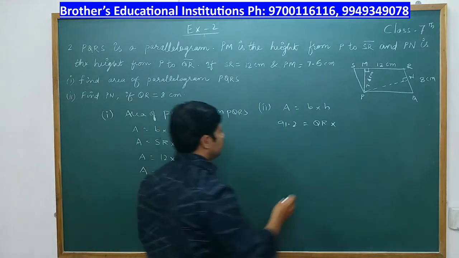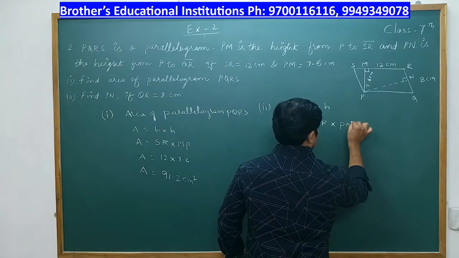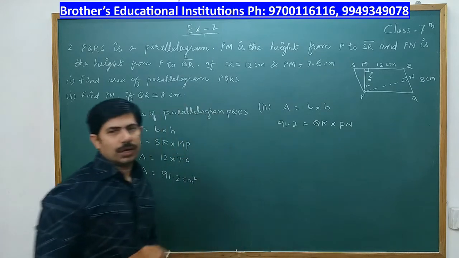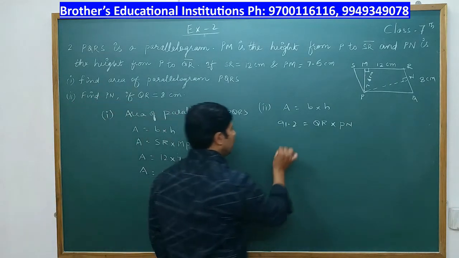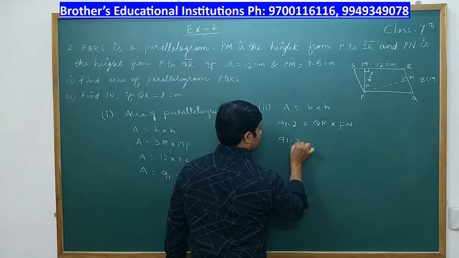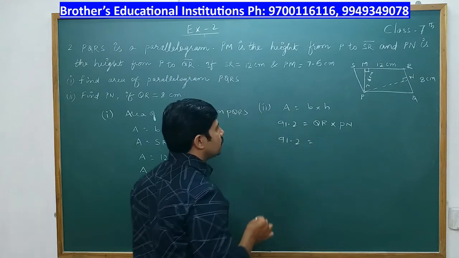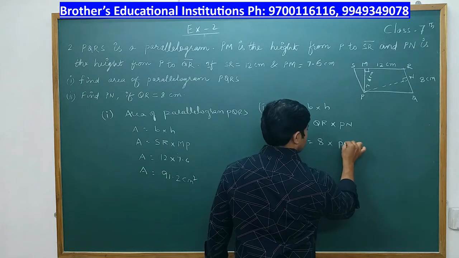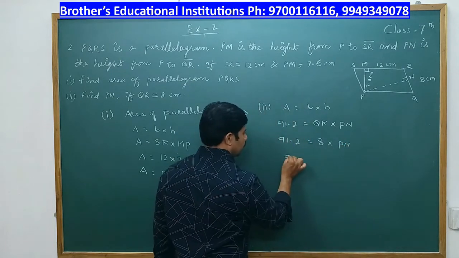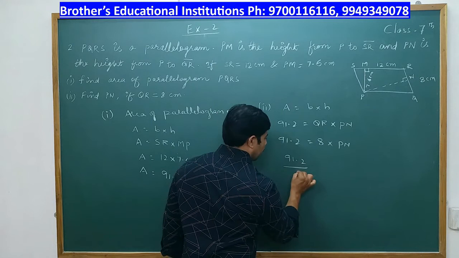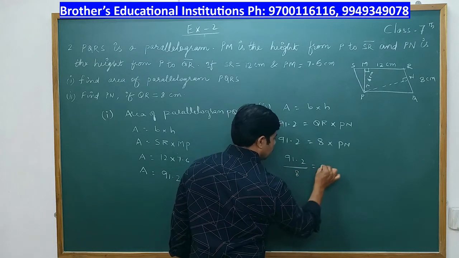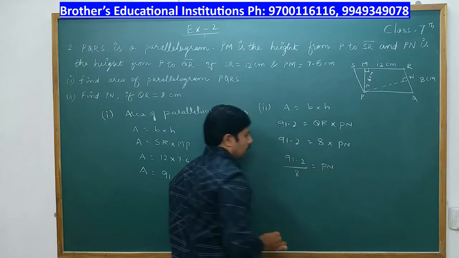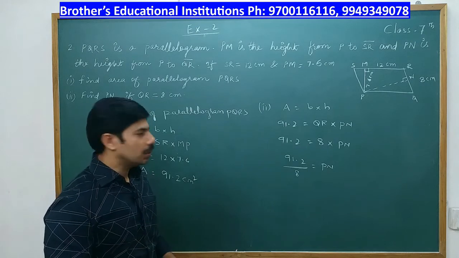Now I'll substitute the values and I'll get PN. So 91.2 is equal to, what is QR? It is 8 into PN. So 91.2 by 8 is equal to PN.